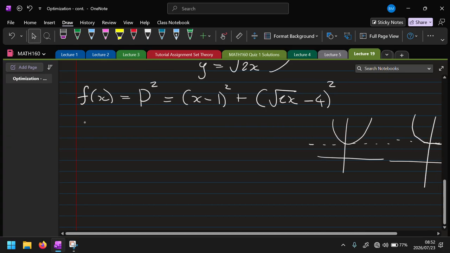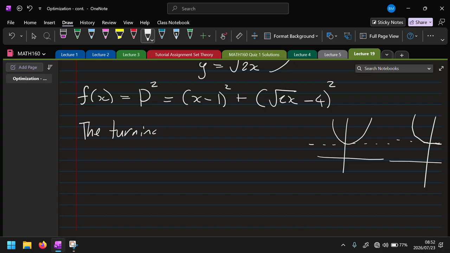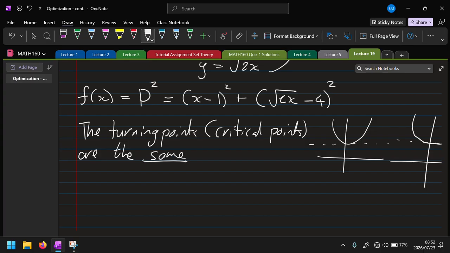So the turning points, or in general, the critical points, if it's not differentiable, are the same for d and d squared.